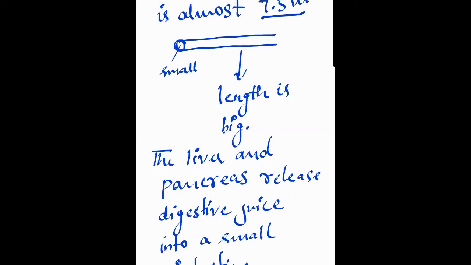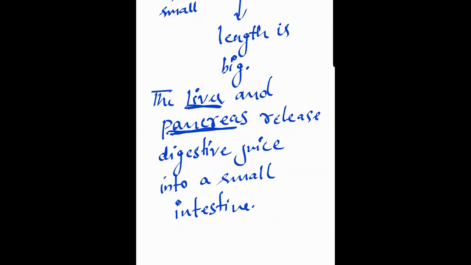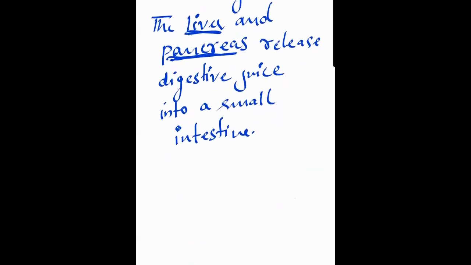Okay, so the liver and pancreas release their digestive juice into the small intestine for digestion. We'll see later what the juices from the liver and from the pancreas are, but not now. We are seeing the small intestine. We'll focus on that. Later on, we'll see liver and pancreas separately.